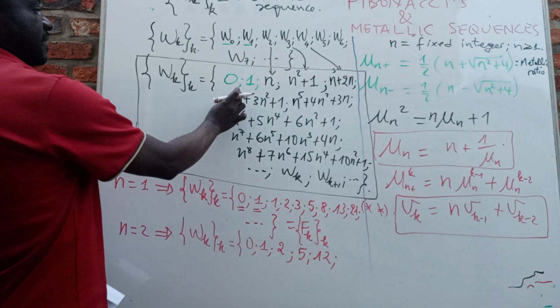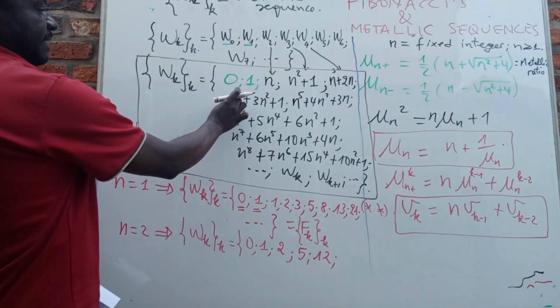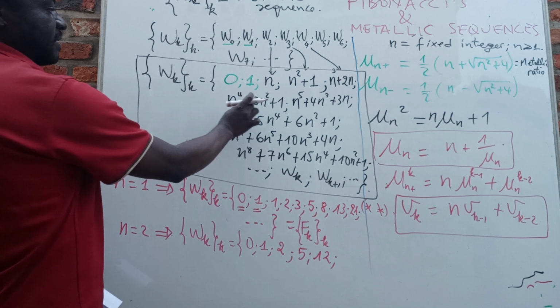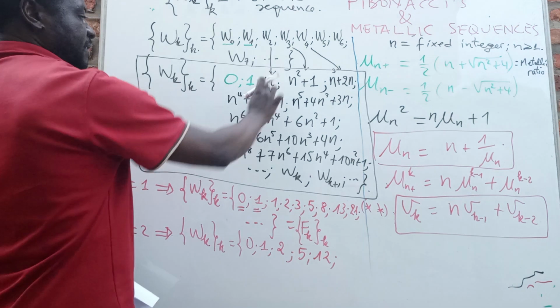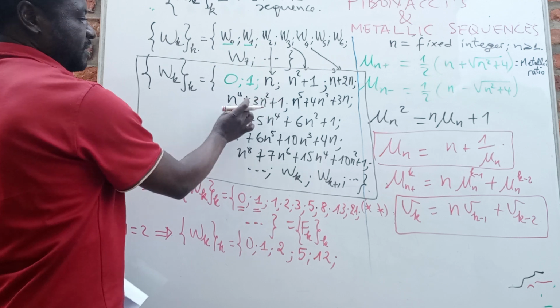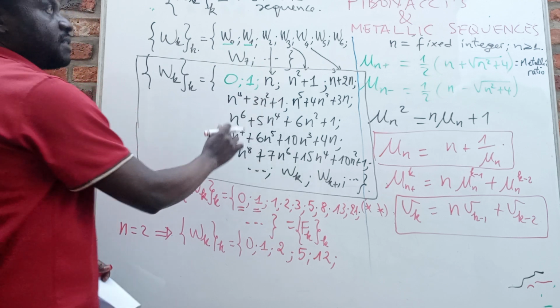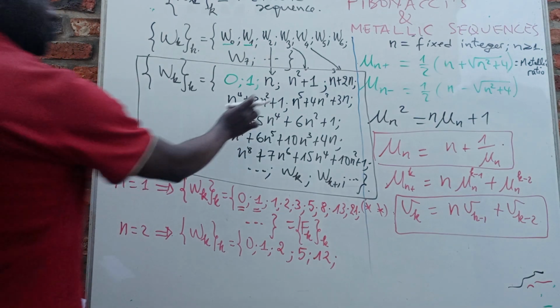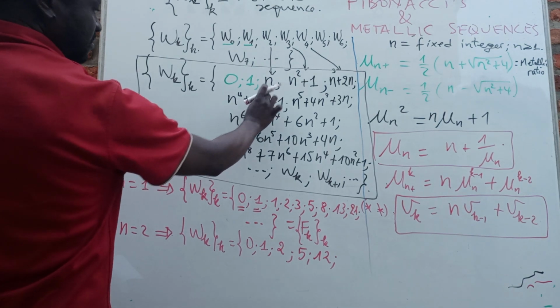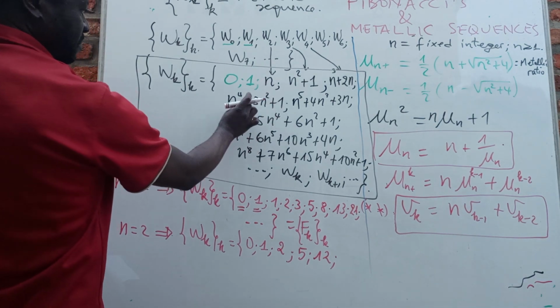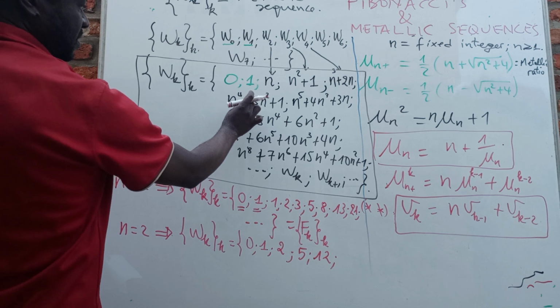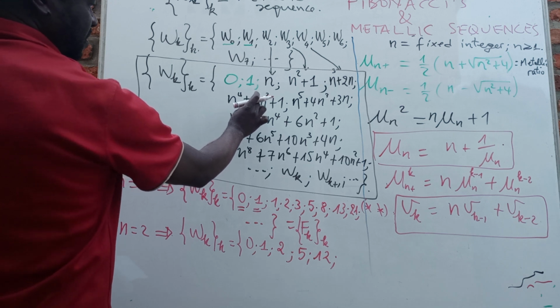Now here we have 2 power 4, 16. So 4 times 2, 12. This is 3 times 4, 12. 12 plus 16, it is 28.